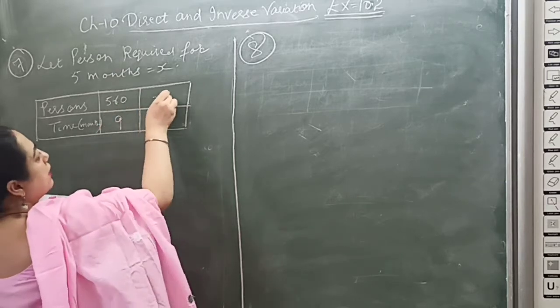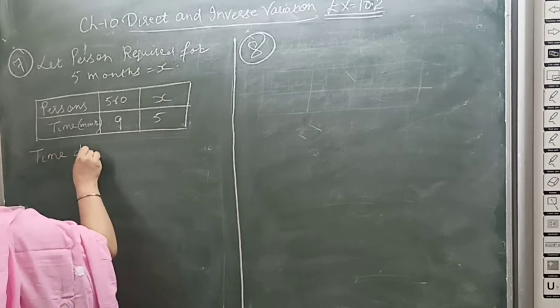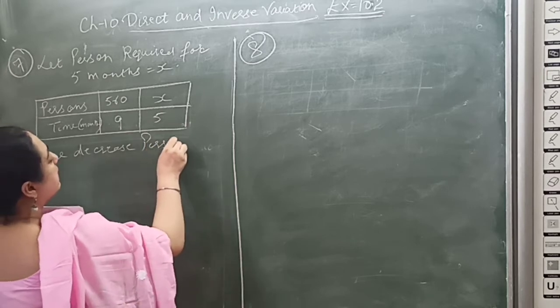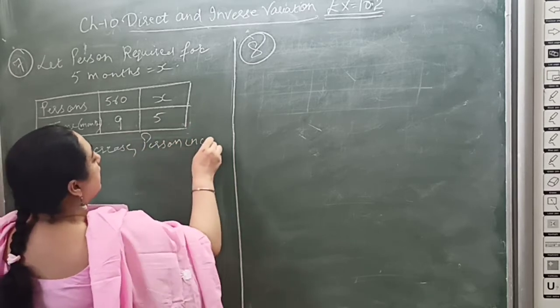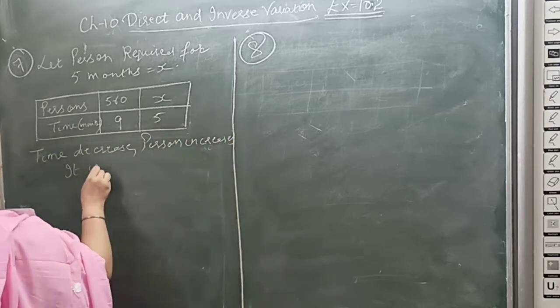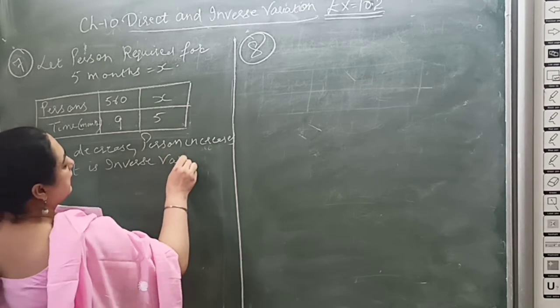So persons will increase. So write down, time decreases, persons increase. So it is inverse variation.